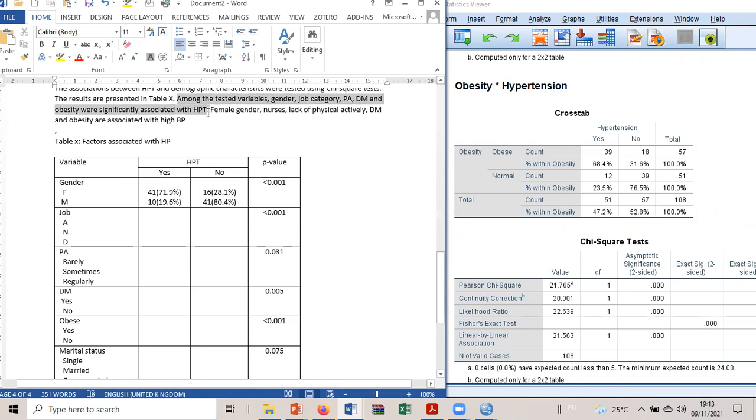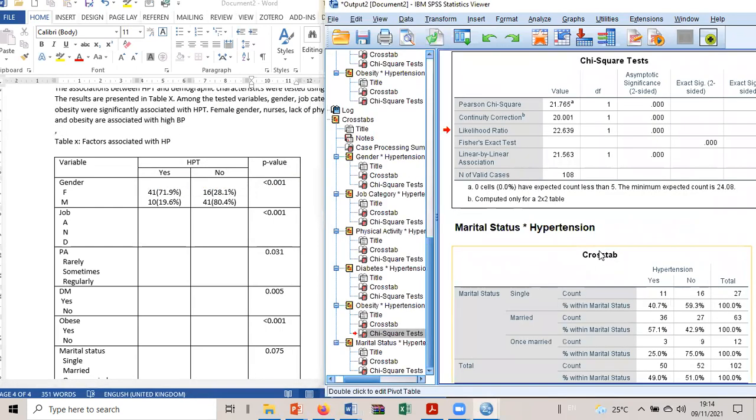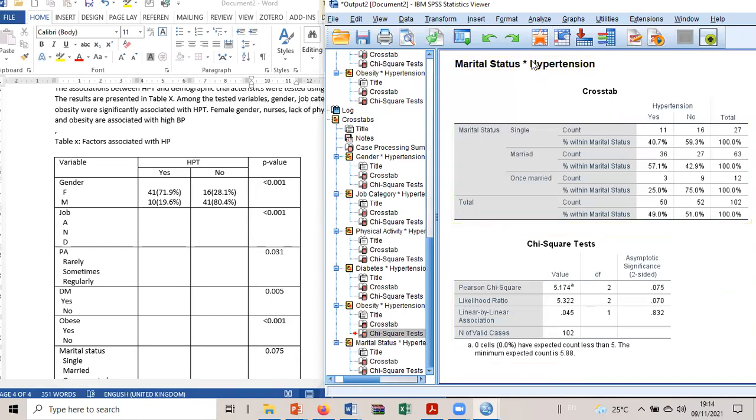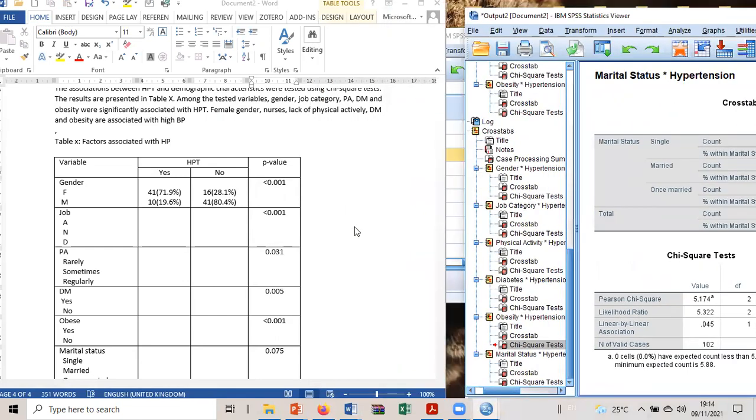Female gender, nurses, lack of activity, DM, obesity are associated with high BP, all inside here. Complete this. What is not significant, you don't have to explain.